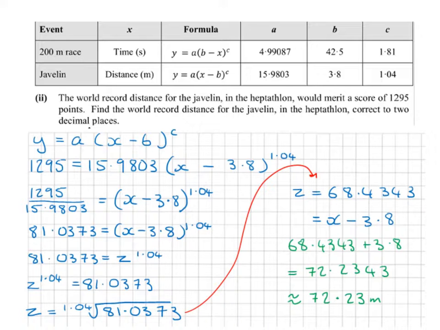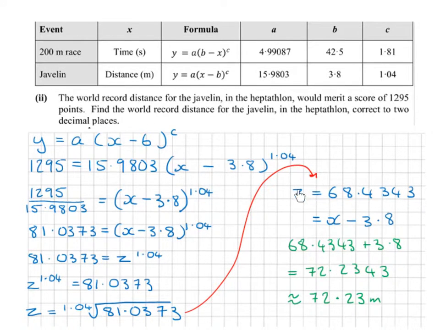Alternatively, what we can do is let what's inside the brackets be equal to another variable. So I'm going to let x minus 3.8 be equal to z. And then I'm going to solve for z. So we have 81.0373 equal to z to the power of 1.04. We can swap them around, so we have z to the power of 1.04 equals 81.0373. Then we bring the 1.04 over the equal sign, so we get the 1.04th root of 81.0373.